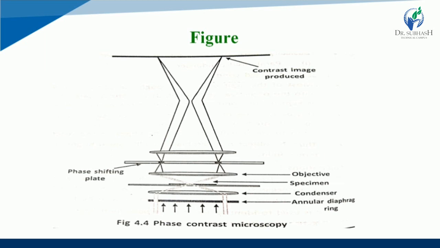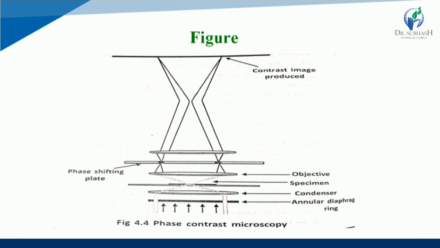That is the figure of phase contrast microscopy. The contrast image that is produced is seen through the lenses or eyepiece. The objective is present. Above the objective, a phase shifting plate is present.